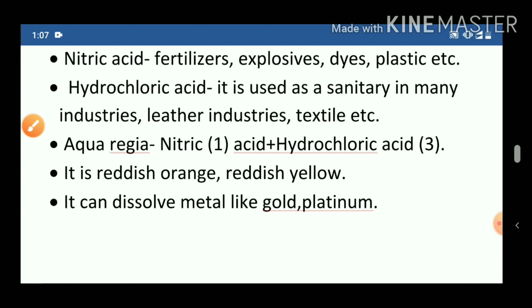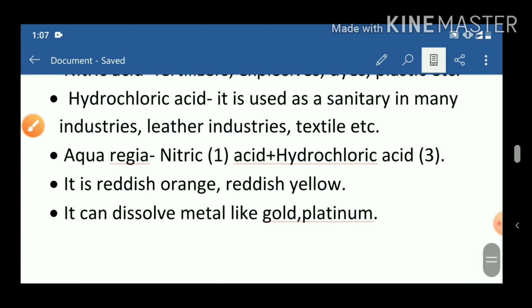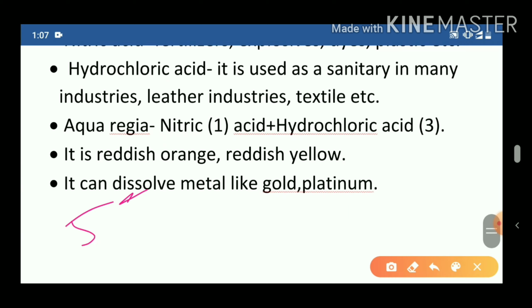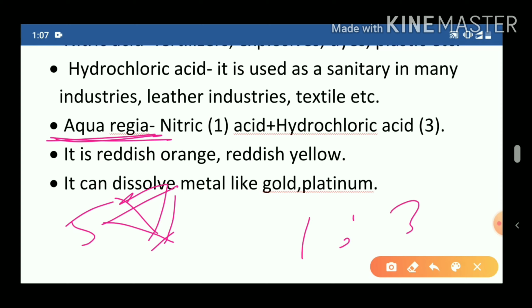Now, one important thing, 5-star, very important topic: aqua regia. Now see, one trick is there to learn this one. What is aqua regia? Aqua regia is a solution which is formed by nitric acid and hydrochloric acid.